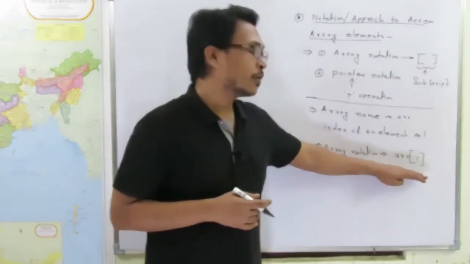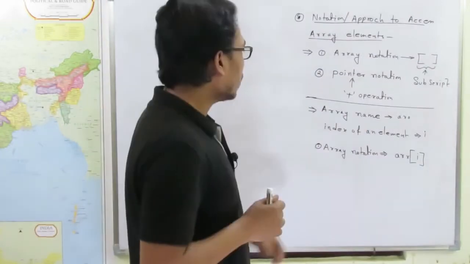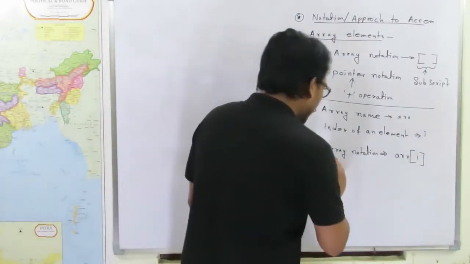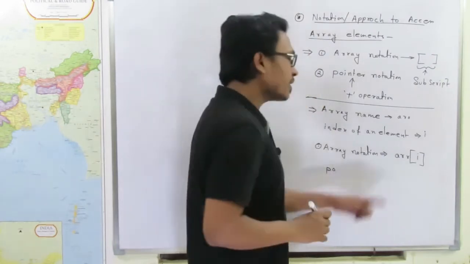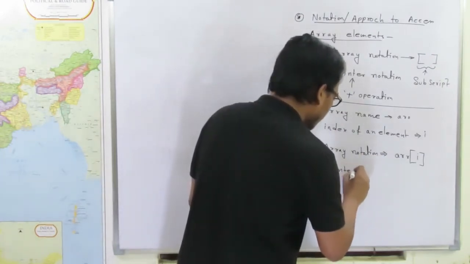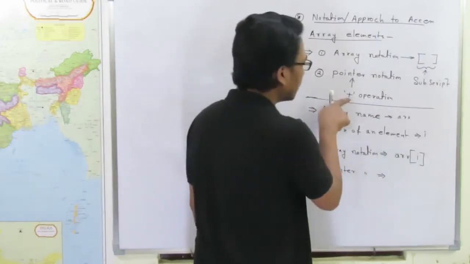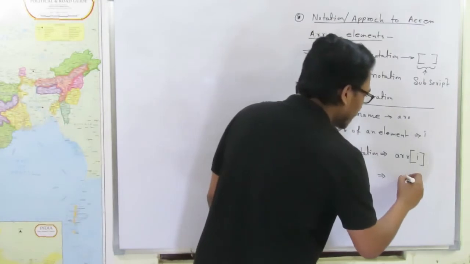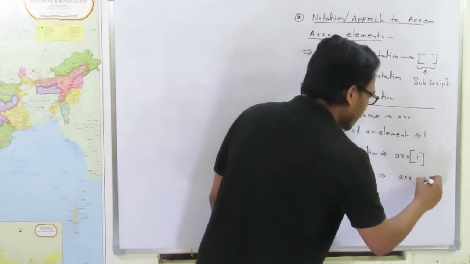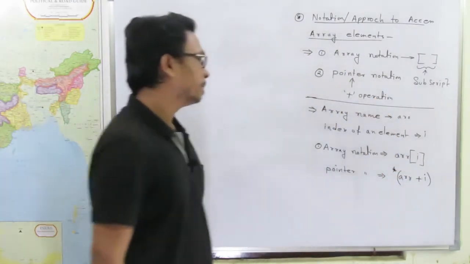Clear? And this is what we call array notation. Clear? Now coming to the pointer notation. In case of pointer notation we can access the same element by using this plus operator, and the instruction will be ARR plus I, then this one.